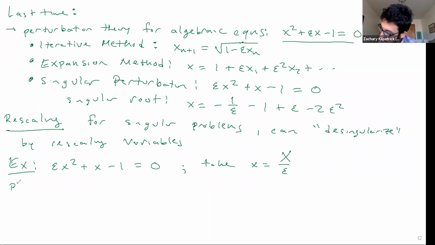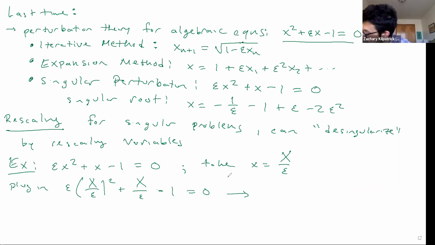So if we plug this in, what do we get? We get epsilon big X divided by epsilon squared plus big X divided by epsilon minus 1 equals 0. What has this bought us in this case? Well, if we multiply by epsilon and simplify, what we get is big X squared plus big X minus epsilon equals 0.